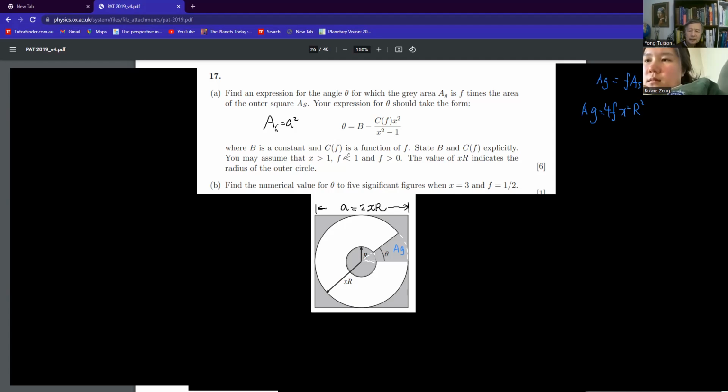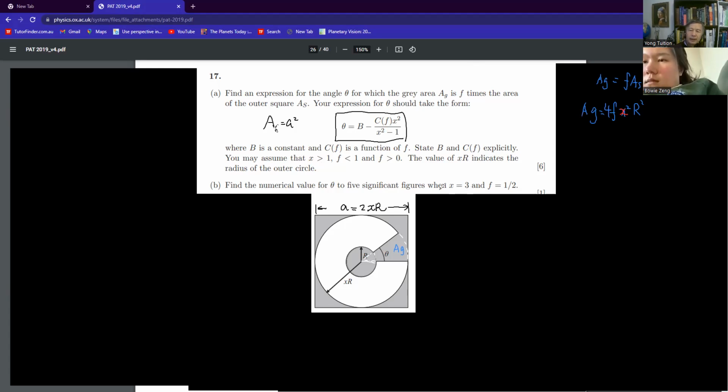You can use other notation, but basically they are just trying to prove the formula for theta equal to this expression. We have Cx here. Can you see? We have one variable, which is x. So this is what we need to use, x squared. But what is f? f is how many times of the area?